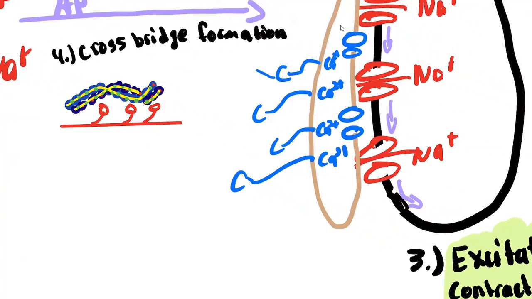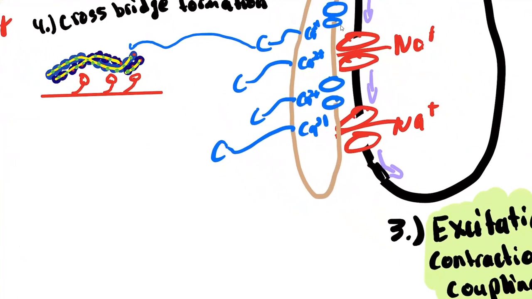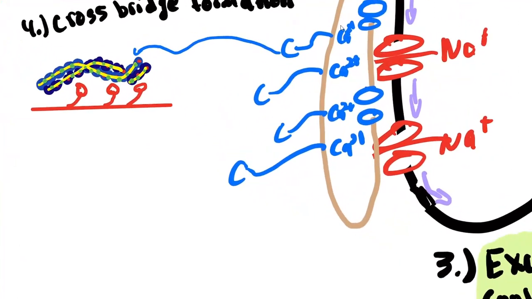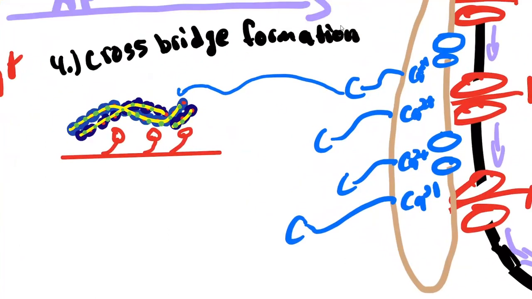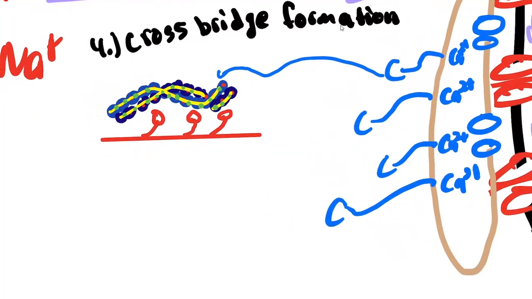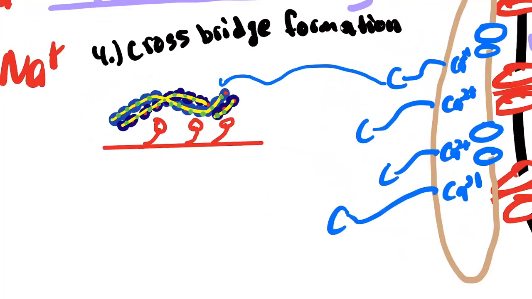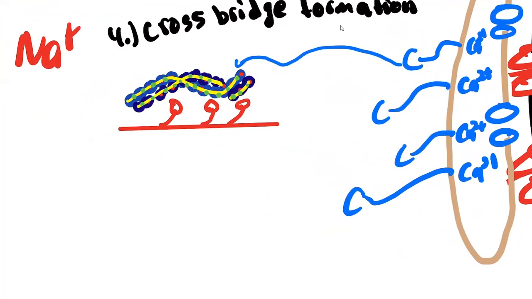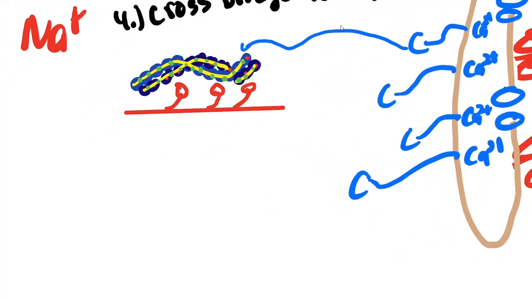So this calcium is going to come over here and bind to the troponin, and it's going to move the tropomyosin strand.